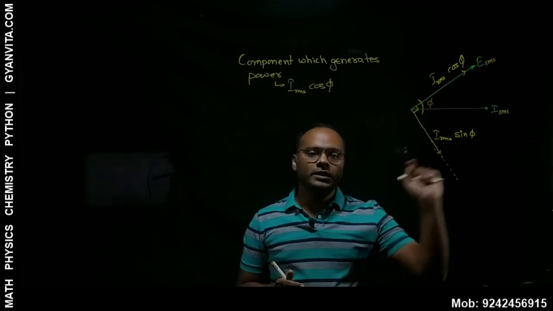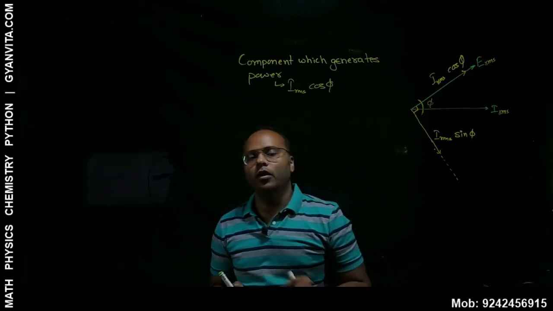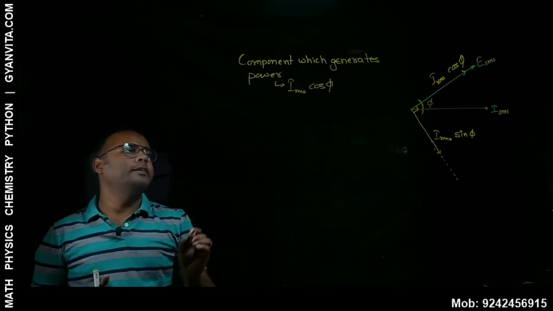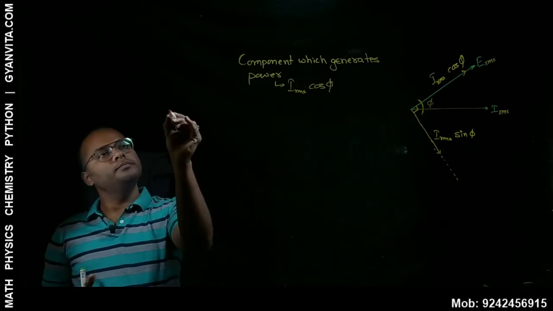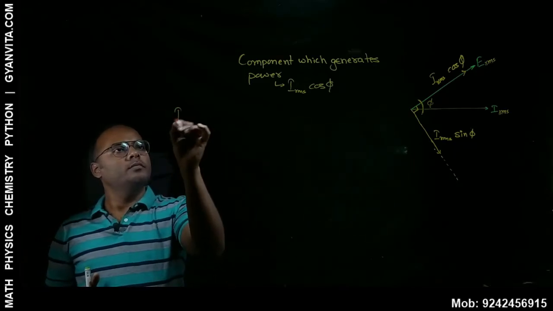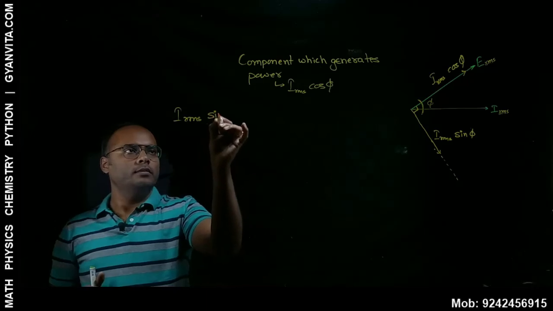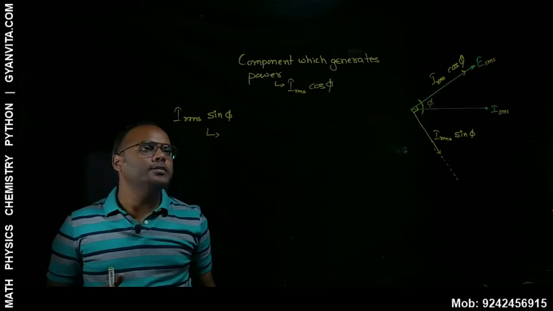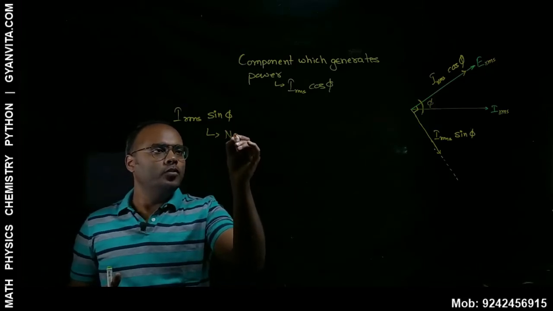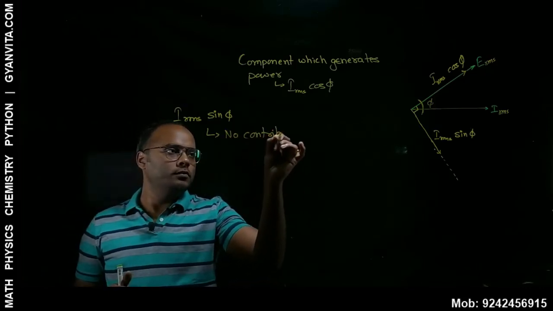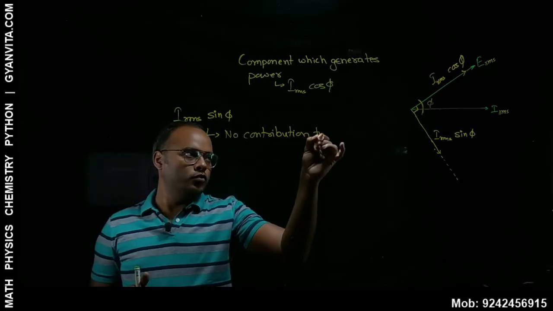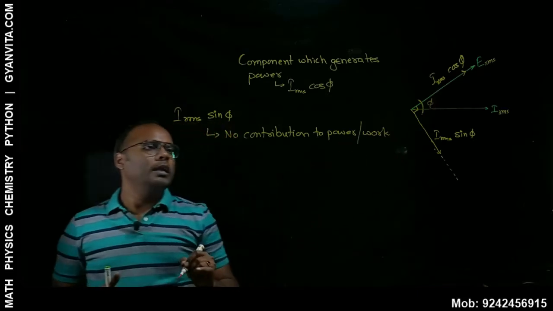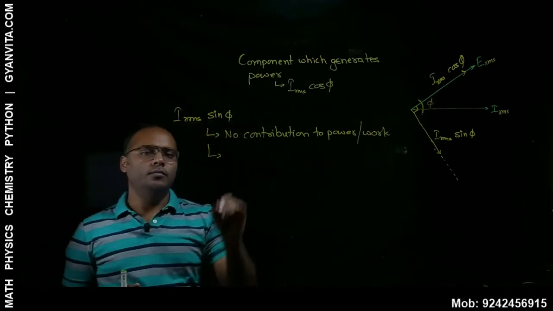So this component of current is called wattless or idle current. Is that clear? As you can see in this figure, it has no contribution to power or work done, and that's why it is called wattless current.